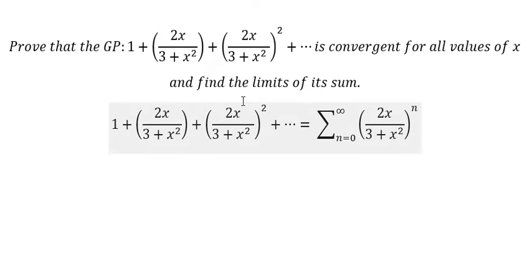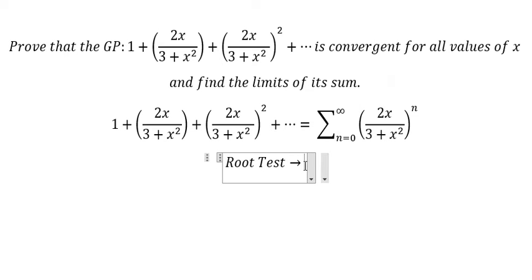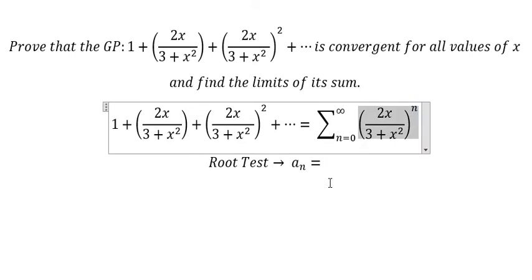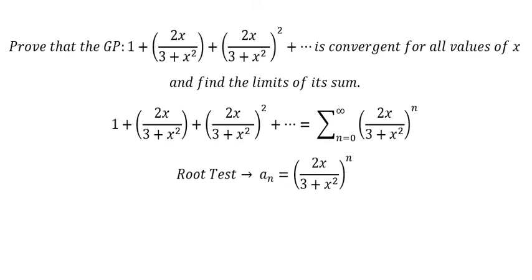The next thing we need to do, we can use the root test. So I will choose a_n equals this one. Now we can apply the formula in here, and that should be the limit as n goes to positive infinity.